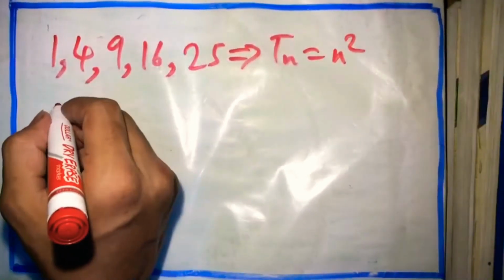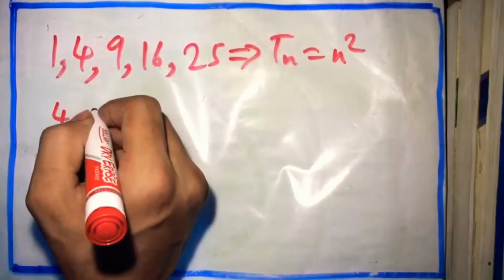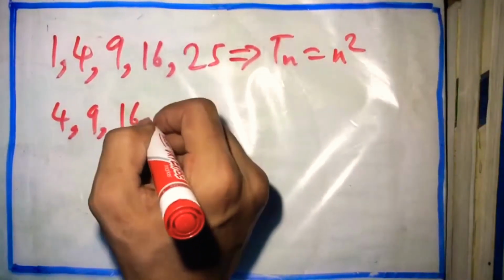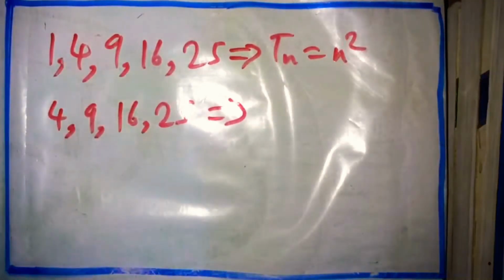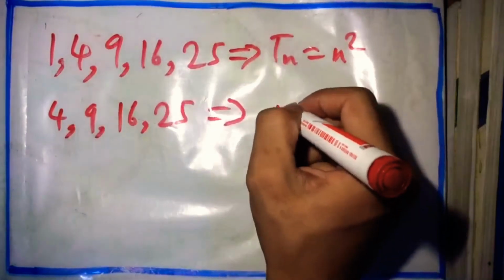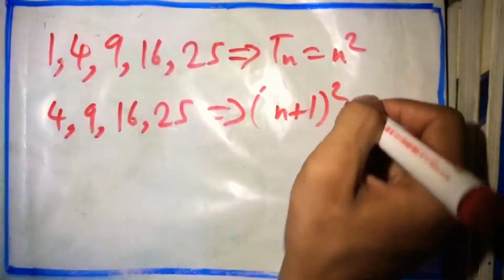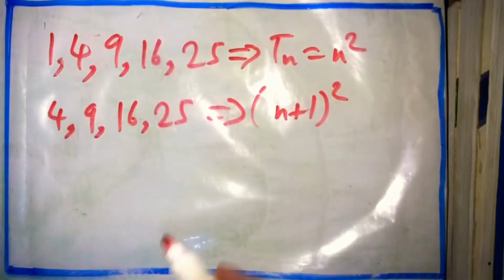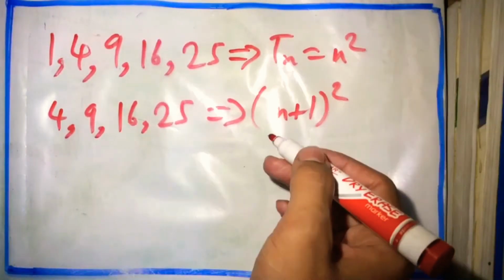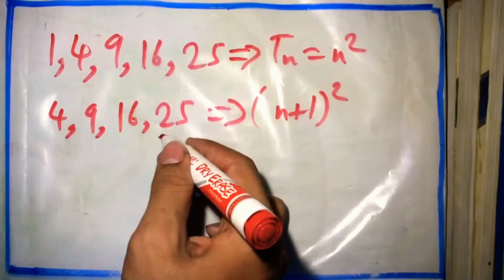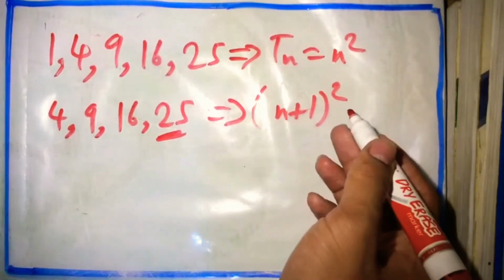But if, for example, the sequence starts from 4, then the general formula would be (n plus 1) whole square. So if you have to find the first term, there will be 1 plus 1, which becomes 2, 2 square is 4. For the fourth term, which is 25, it would be 4 plus 1, which is 5, 5 square is 25.